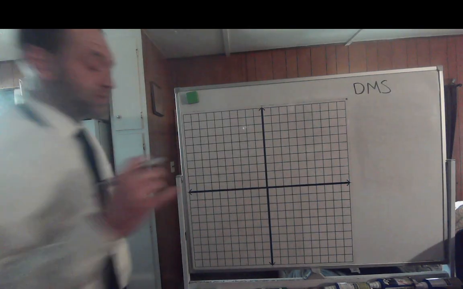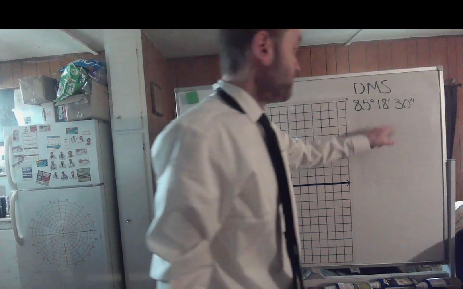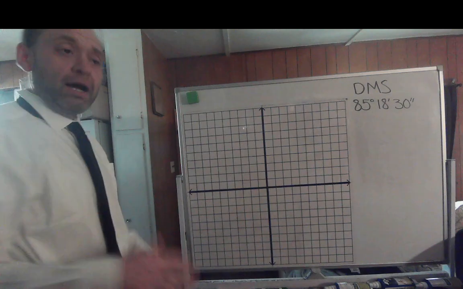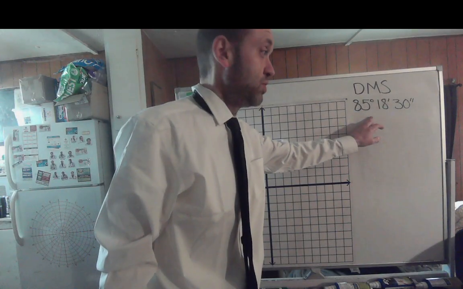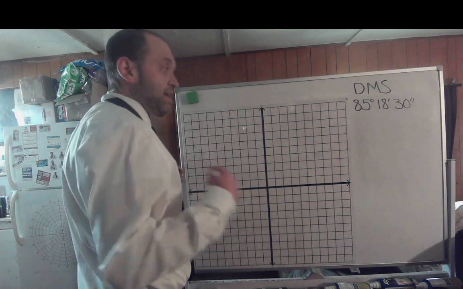All right, let's throw some seconds up there too. Let's say we have 85 degrees, 18 minutes, and then you're going to have 30 seconds. Your minutes have the single tick mark notation, your seconds have the double tick mark notation, okay? So how do we handle that to convert this into a single decimal, an 85 point something degree measure? So what is a second?